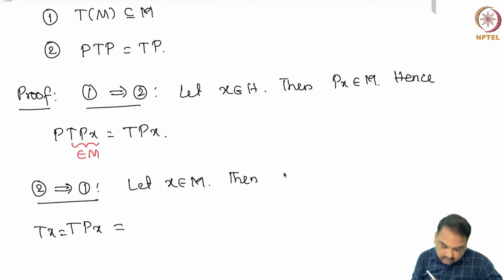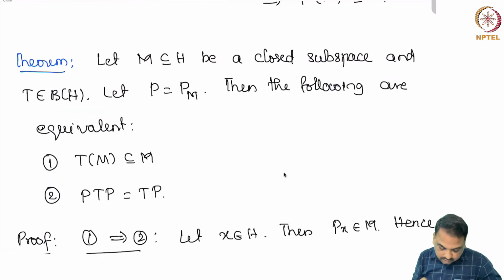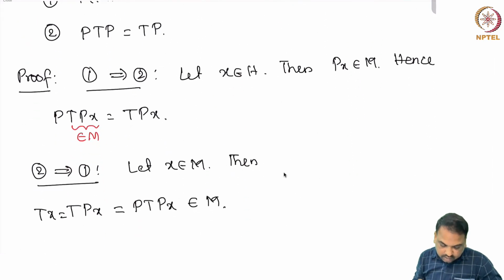Now TPX is nothing but PTPX. So this is in the range of P, that is in M. So we have shown that whenever X is in M, Tx is also in M. So this completes the proof of 2 implies 1.